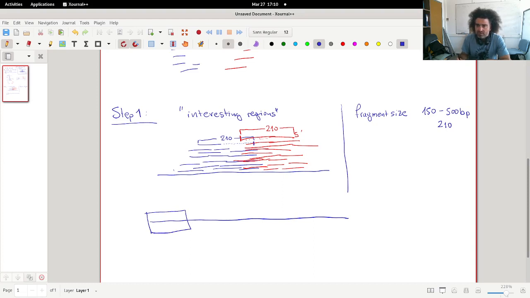The problem will be that if we have these reads, let's say these ones, and then a bit further these ones, then the window that we assumed in the beginning will not be able to cover both of them, so it might be like that. Now let's say that this is a bit further, and then when we move here, it will not catch both of the peaks together. Then when we move here, we get only this one and not this one, and so on.